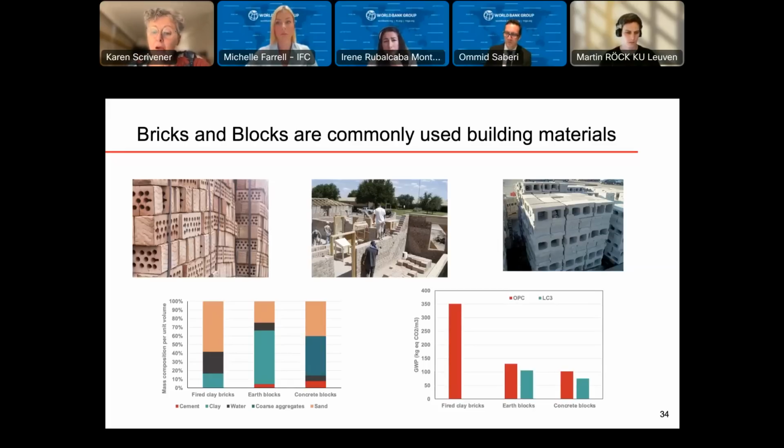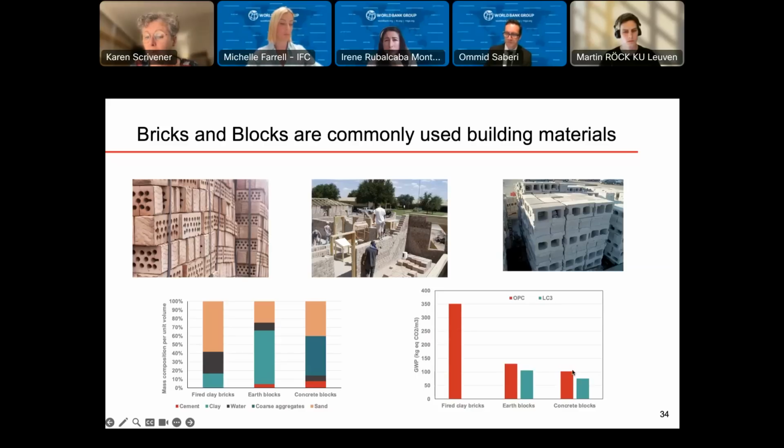And here we can see a study we did where we compared the LCA from fireclay bricks, from earth blocks, and from concrete blocks. And first of all, in contrast to what many people believe, when you have earth blocks which are stabilized by cement, they're not necessarily more efficient than concrete blocks.